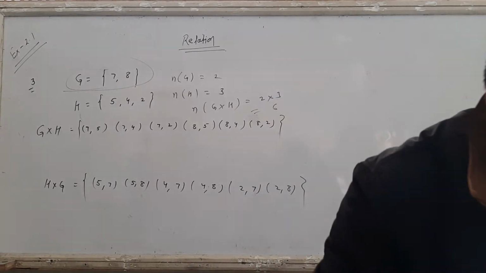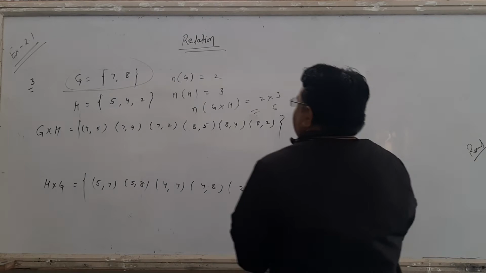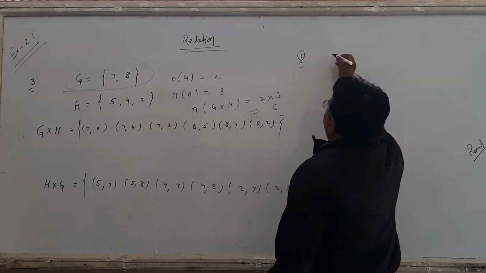Same, question number first of this exercise. Now there are two ordered pairs. One ordered pair is equal to another ordered pair.